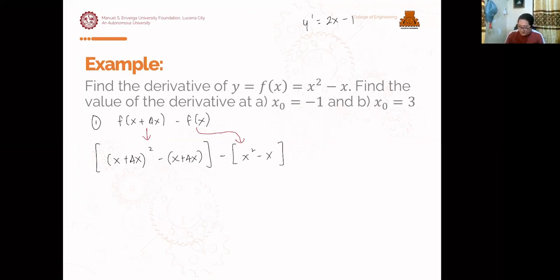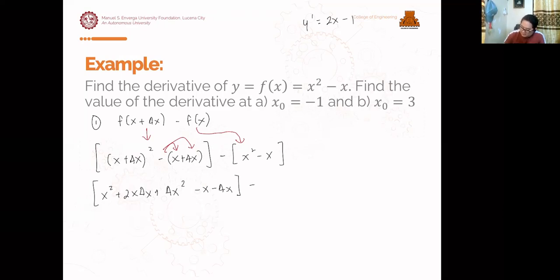Paano pag-simplify niyan? Kailangan mag-expand ng function. High school naman alam na siguro, or pakibalikan na lang. X plus delta x, pag in-expand, that will be x squared plus 2x delta x plus delta x squared. Yung first term pa lang yan. Minus, i-distribute na to. That will be negative x minus delta x. Ito yung sa first term.